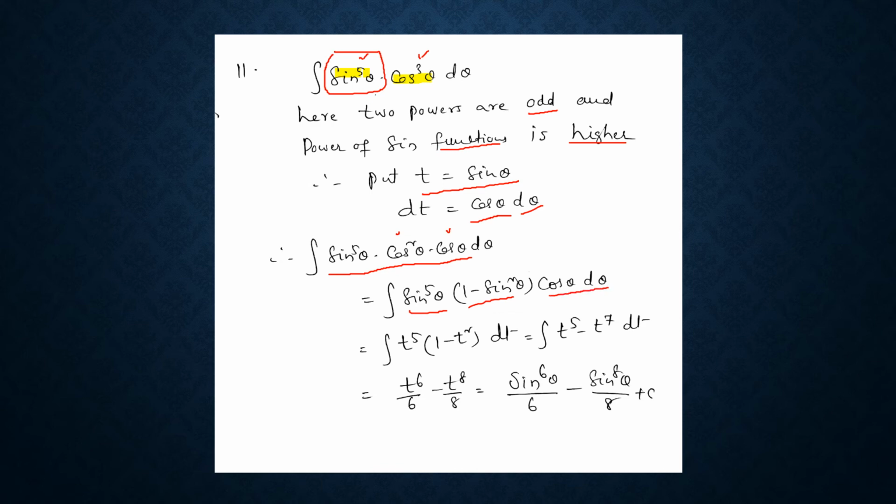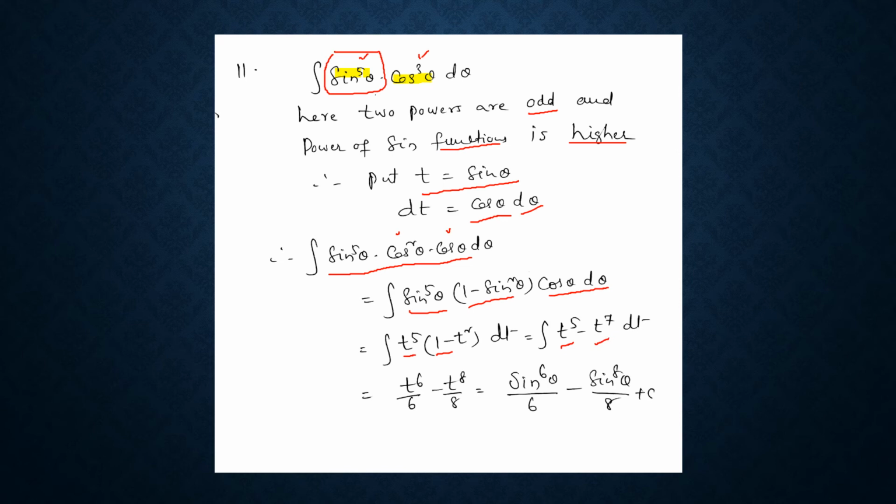Now put sin theta equal to t. Then that is the integral of t to the power of 5 into 1 minus sin square theta, meaning t square, into dt, which is the integral of t to the power of 5 minus t to the power of 5 into t square, t to the power of 7, dt.